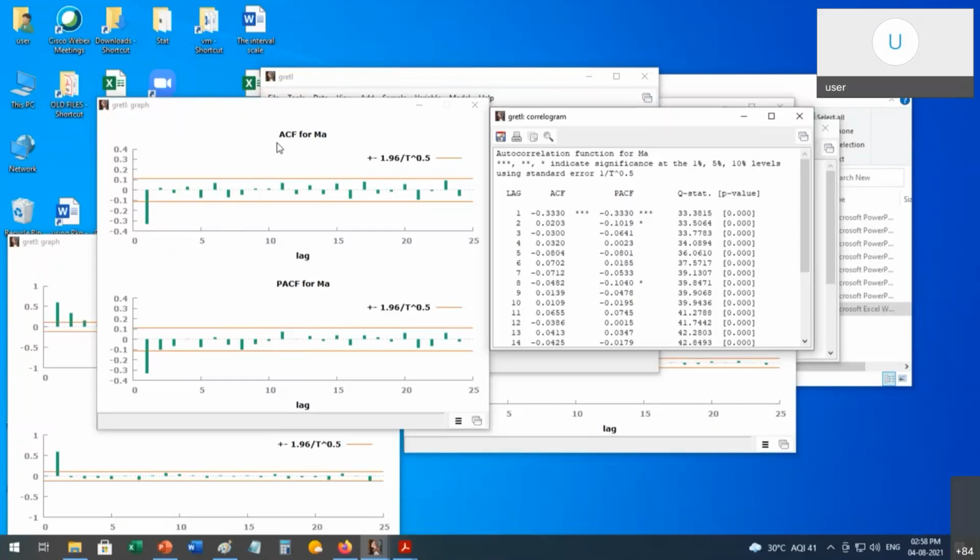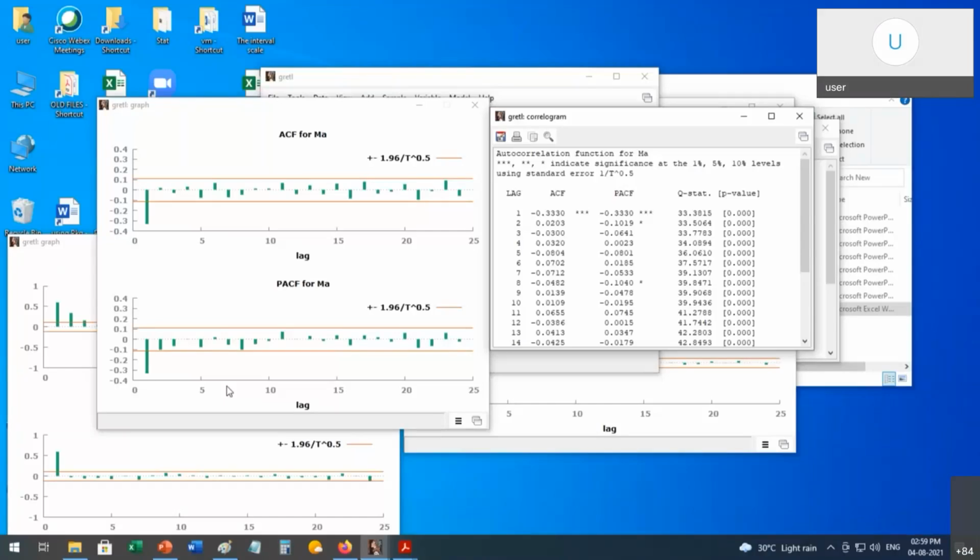Actually, this particular series is generated as an MA series. But if we interpret the ACF as fast decay and one significant spike in the PACF, that shows that this series is an AR1 series. At the same time, we can also do the other way.